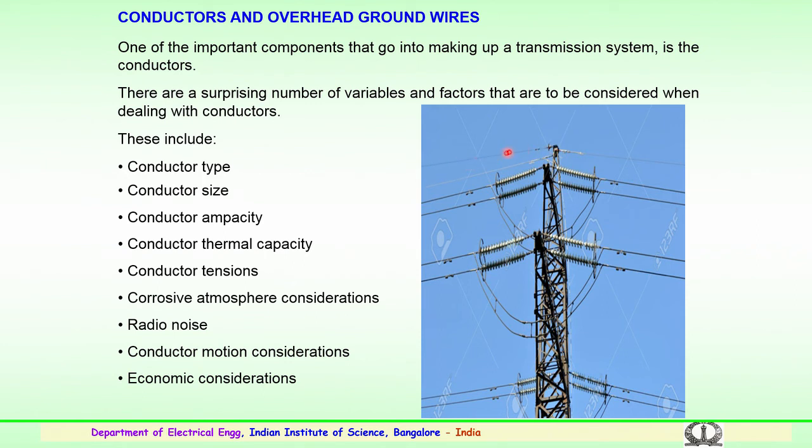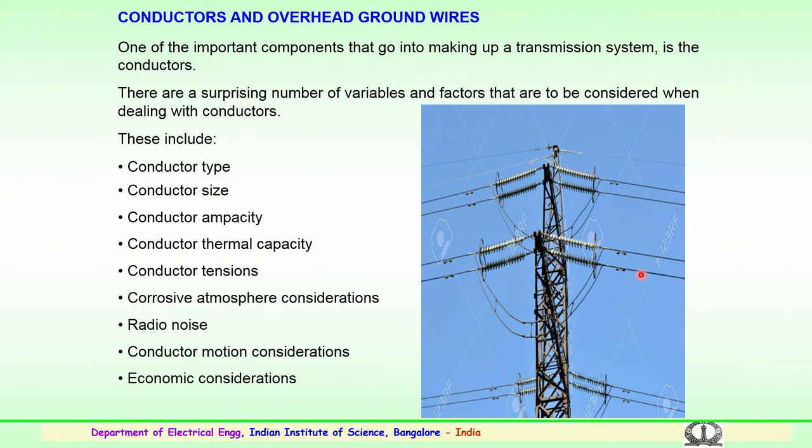So, in case of lightning, it protects the entire tower, the conductors and the insulators, so that the lightning strikes and it is grounded. So, this earth wire or ground wire helps in taking the surge to the earth or ground. One of the important components that go into making of the transmission system is the conductors. Conductors are very important, next to the insulators.